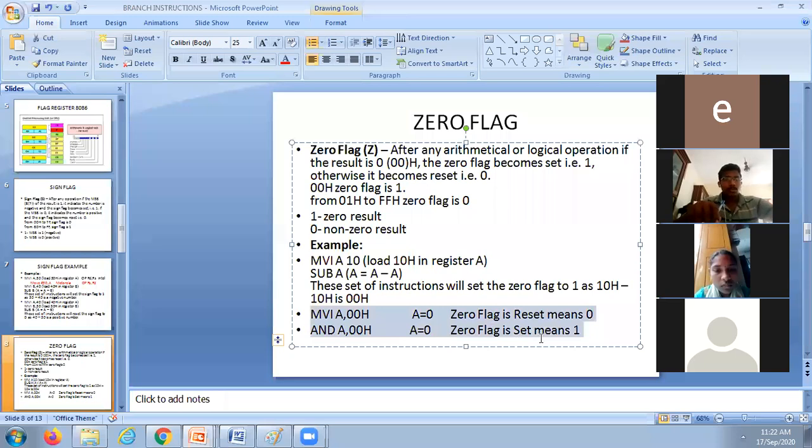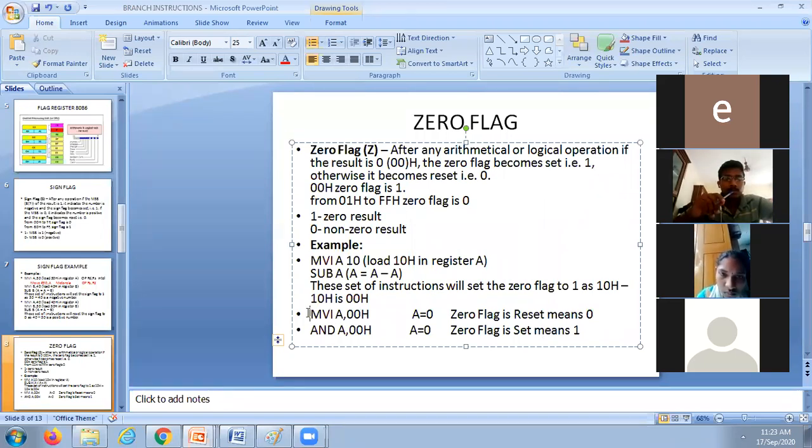Did you find the difference here? When is the flag register affected, and when is it not affected? Because of the logical operation, the accumulator content becomes 0, so the zero flag is set. Whereas here, it is a data transfer instruction.